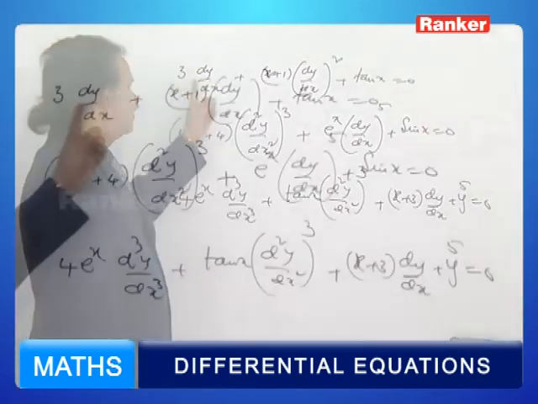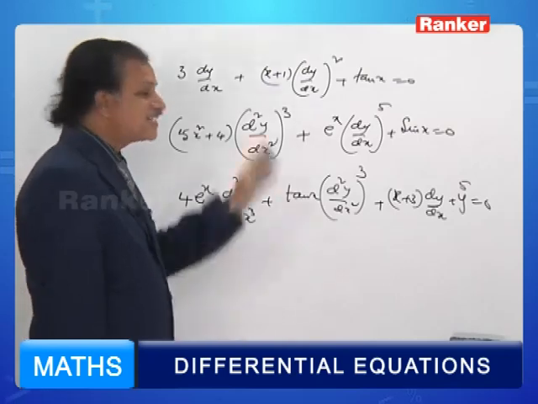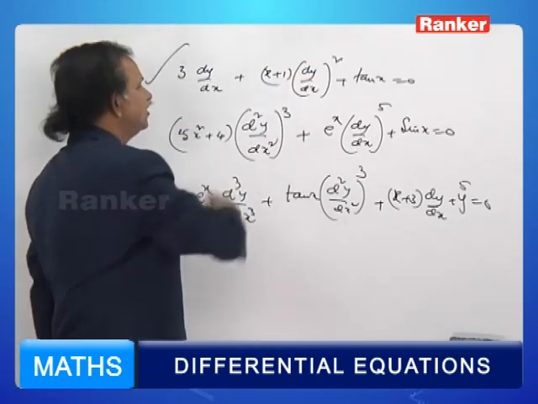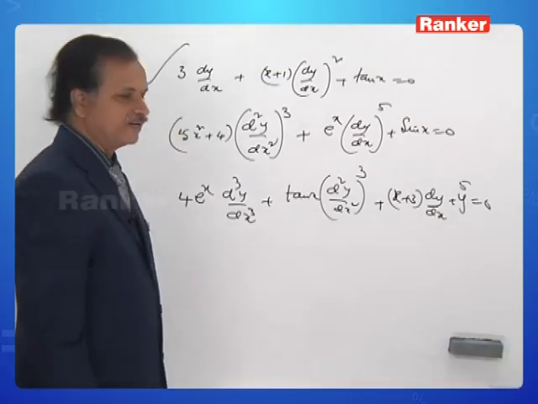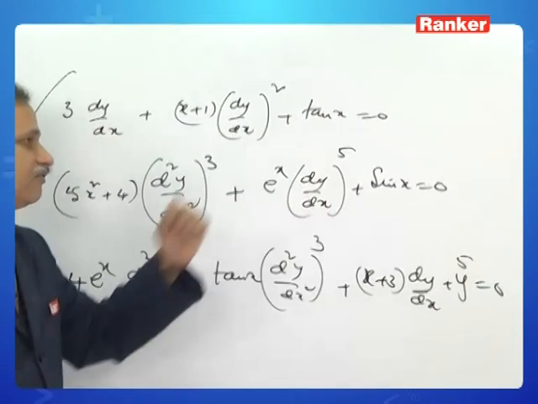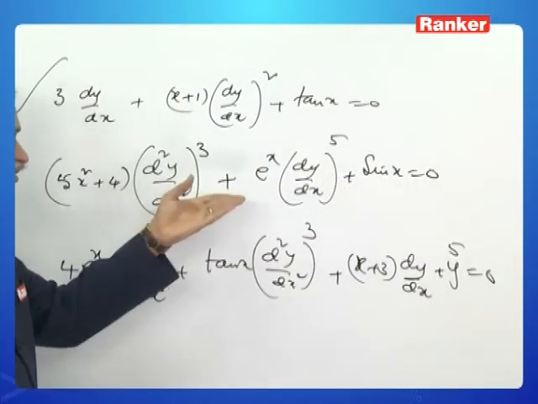Well, my dear, what is the largest ordered derivative here? dy by dx. Its largest exponent is 2. So this equation is of first order and second degree. Look here. Here the largest exponent is 5, but here it is 3. What do you say? What is the degree of this equation?